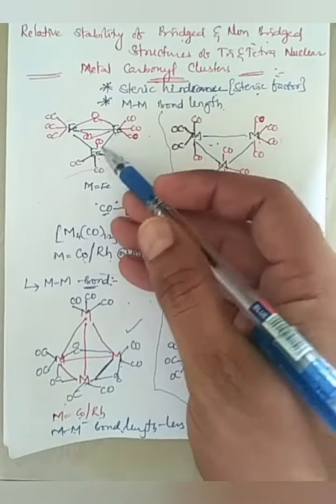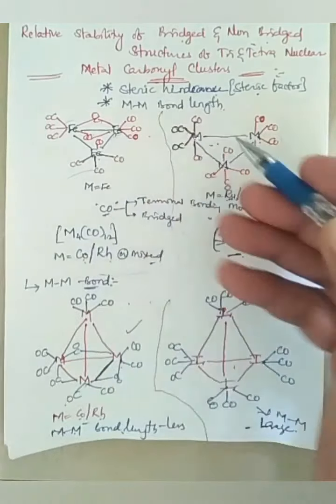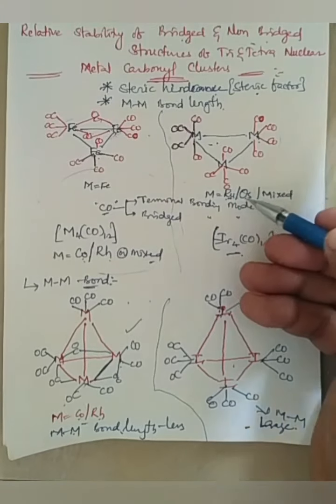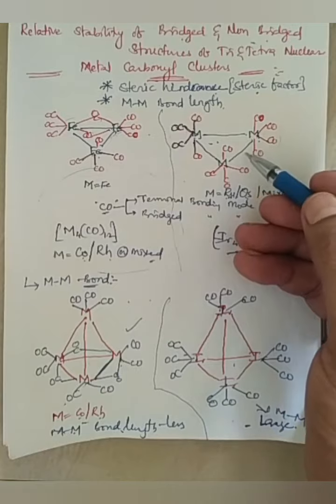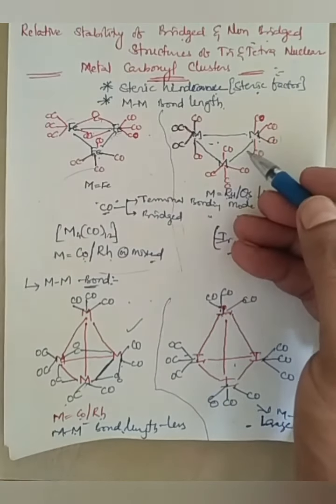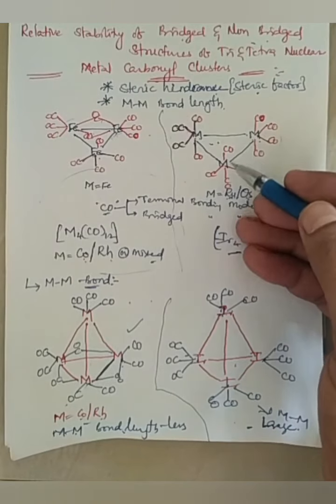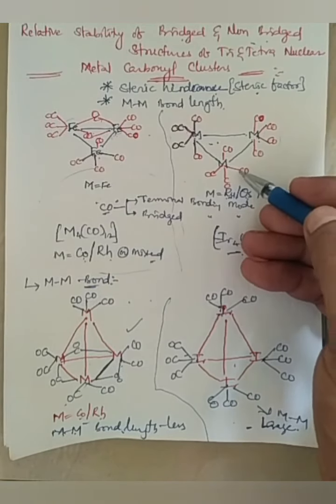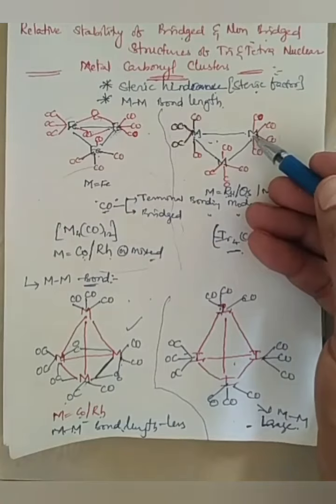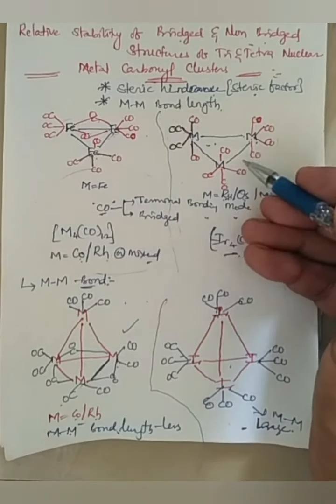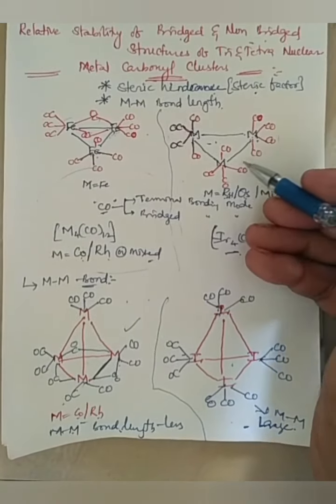metals, the iron to iron bond length is also very much shorter compared with the ruthenium and osmium bond lengths in the trinuclear clusters. As the ruthenium and osmium bond lengths are larger, the carbonyl cannot reach from one ruthenium to another ruthenium or one osmium to another osmium. There will not be any bridged bonding.